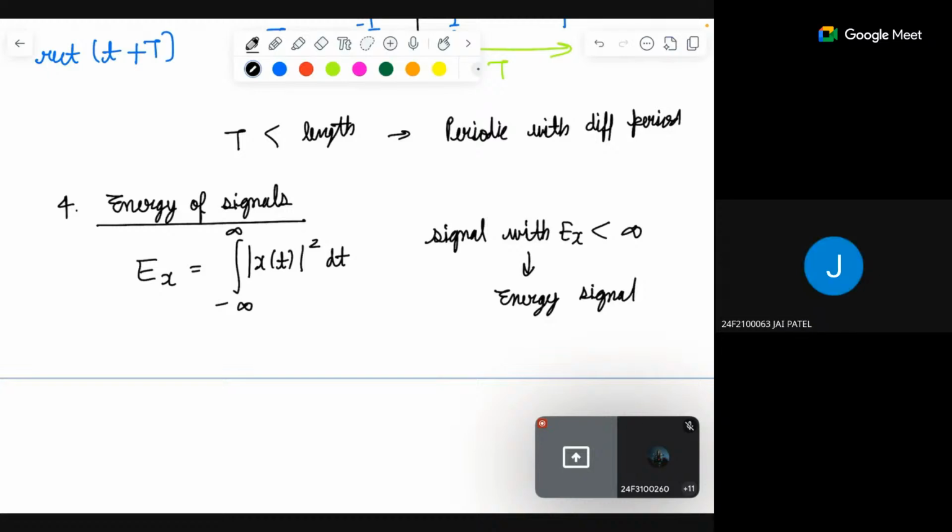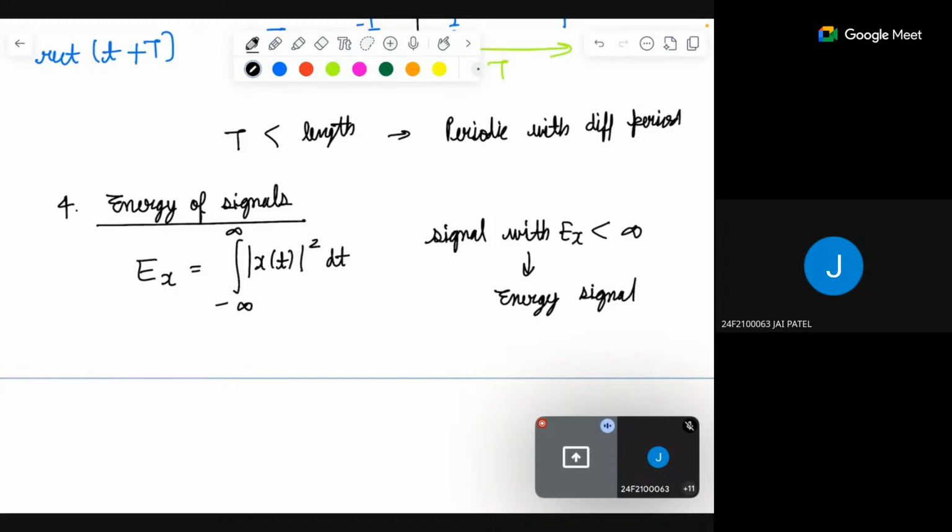Basically, she is asking how this expression is the energy of a signal, and where we get this from, and why not a different expression. Well, I don't know the answer right now.